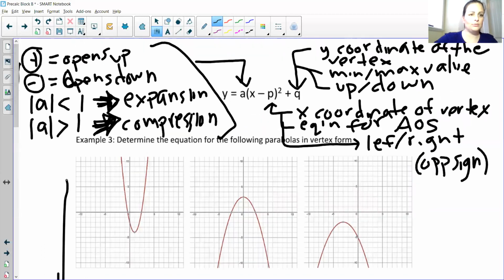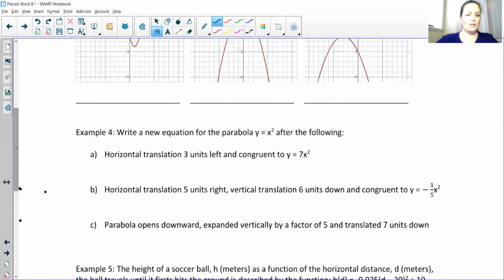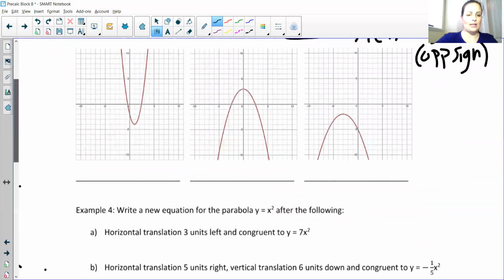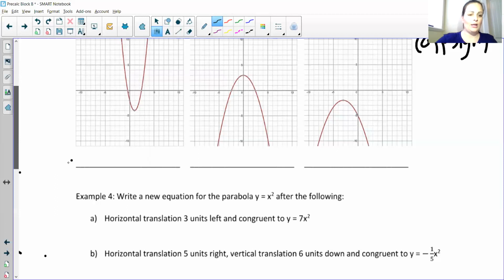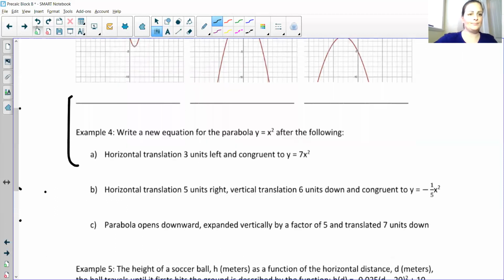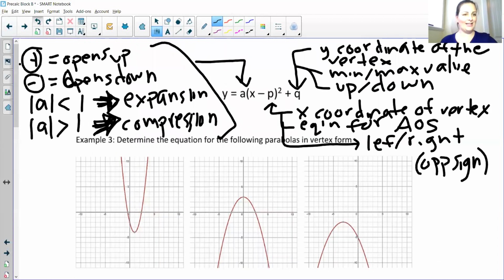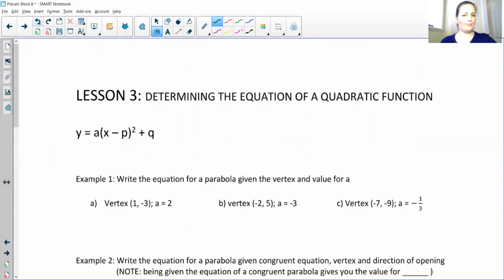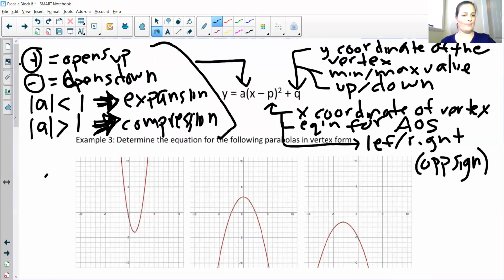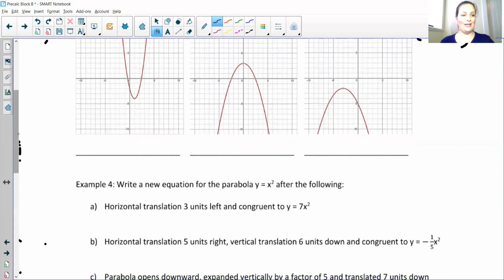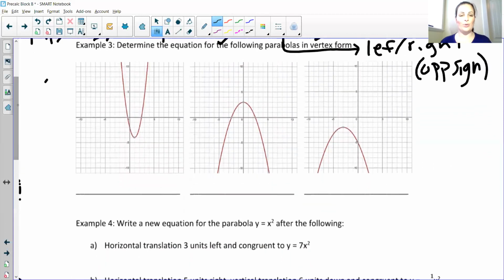So the format is always going to be that y equals a times x minus p squared plus q format, and you're going to put values in for A, P, and Q based off of what you can read from the graph. So pause the video here and see if you can figure this one out.